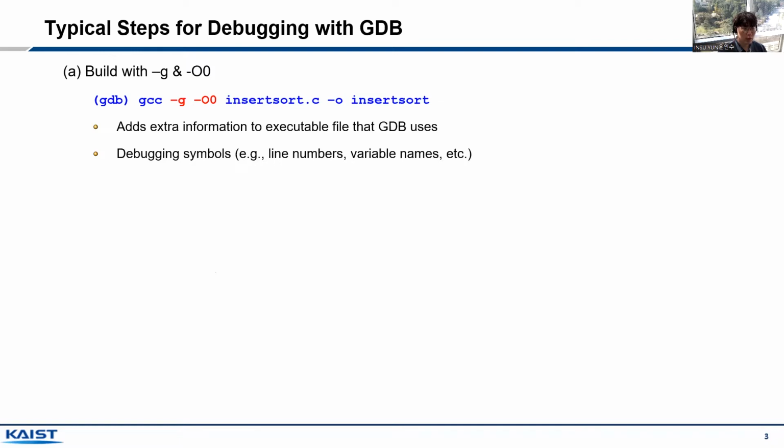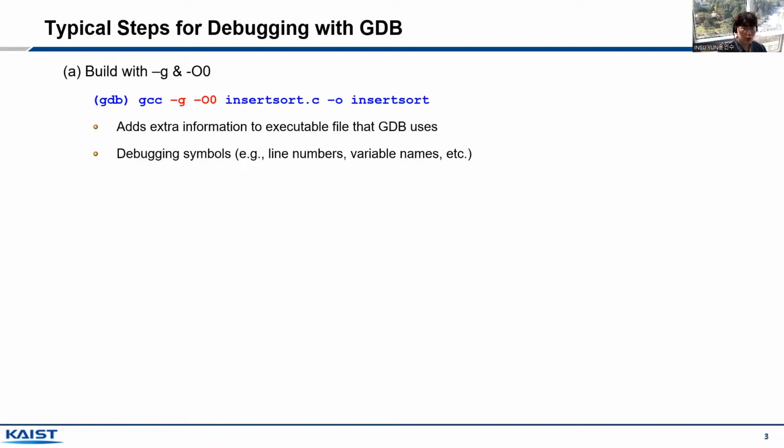Before we start, we want to talk about the typical steps for debugging with GDB. Before you run GDB, you first need to compile your code specially. In most cases, we need to build it with the -g option. When we add the -g option, it adds extra information to the executable file that GDB uses.